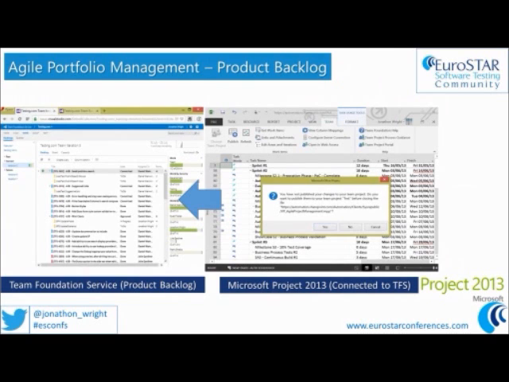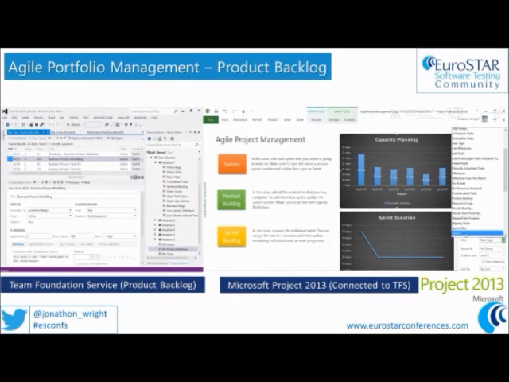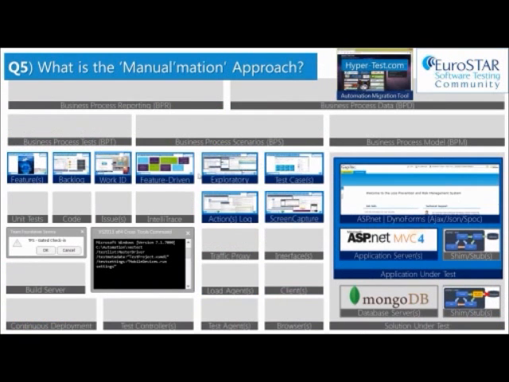That could be you've added all the features into a project like Team Foundation Service, or you've taken all those features that you want to do in a particular sprint from a tool such as Project, and you export those into your solution lifecycle management product, and then that way you can start looking at burn down and capacity and velocity and all that kind of good stuff, which we keep on talking about.